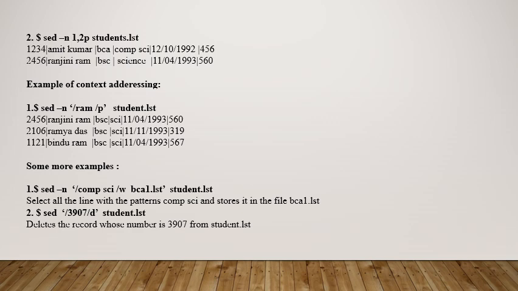Another example, of context addressing. I told you the sed addressing mode can be done in two ways: line addressing and context addressing. In the example of context addressing I've used -n. Context addressing tries to find a pattern that should be enclosed within forward slashes. You can see here it selects the lines with the pattern ram.